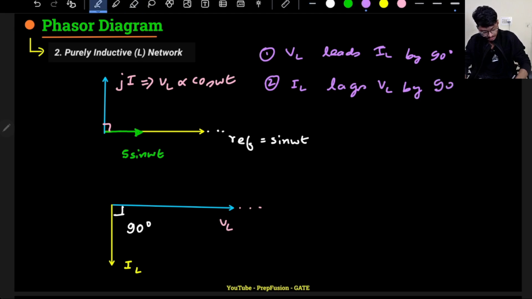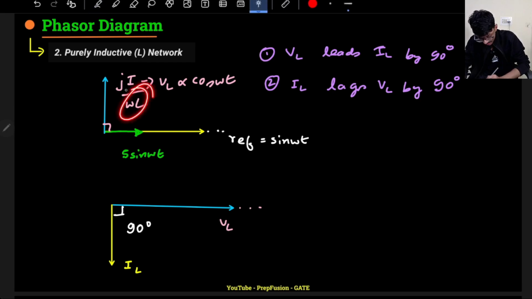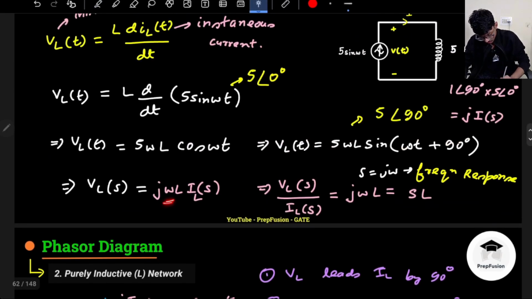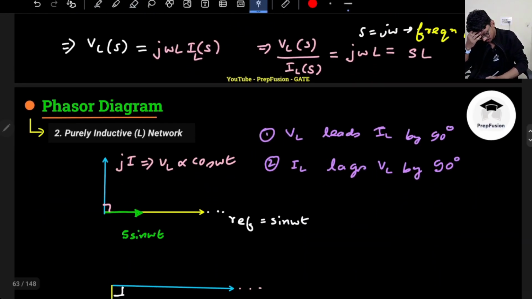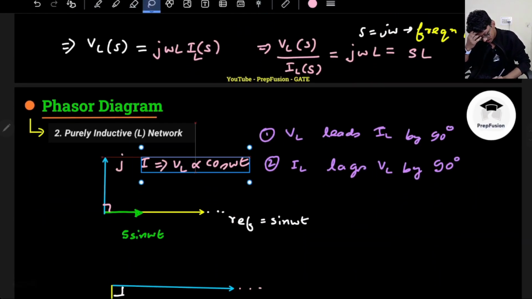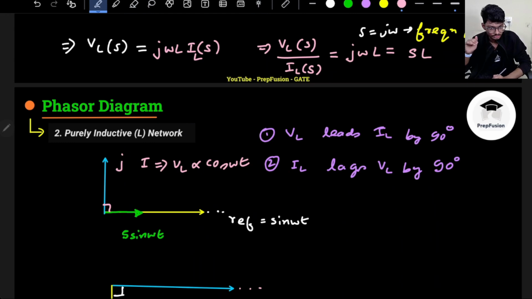So the basics have been cleared. I hope there are no doubts about lag, lead, plus 90, minus 90. So this j I_L is multiplied by a factor, omega L. This omega L is the reactance, right? This should not be divided, this should be multiplied. j into omega L is just a constant, that's it.